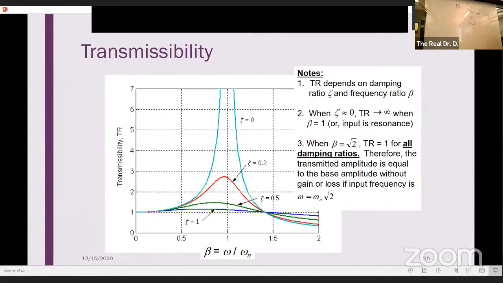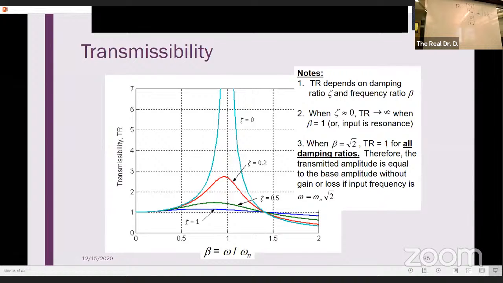When we look at this plot, there are a few things about transmissibility that we know. First, when beta is equal to 1, meaning that the natural frequency is our input frequency, not good things tend to happen. What do you mean by that, Dr. D?